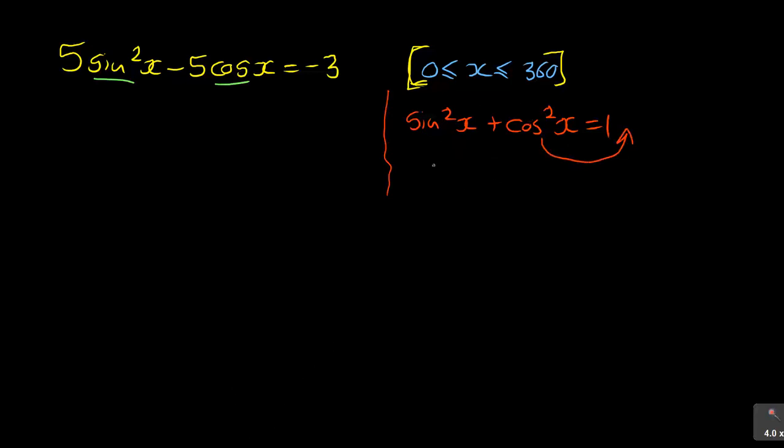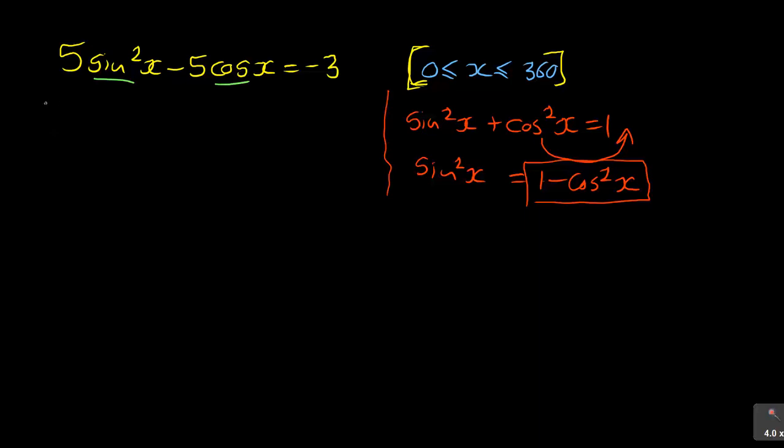I want to write everything in terms of cos, so sin squared x is 1 minus cos squared x. So you see why I'm doing it? I'm going to substitute where there is sin squared.